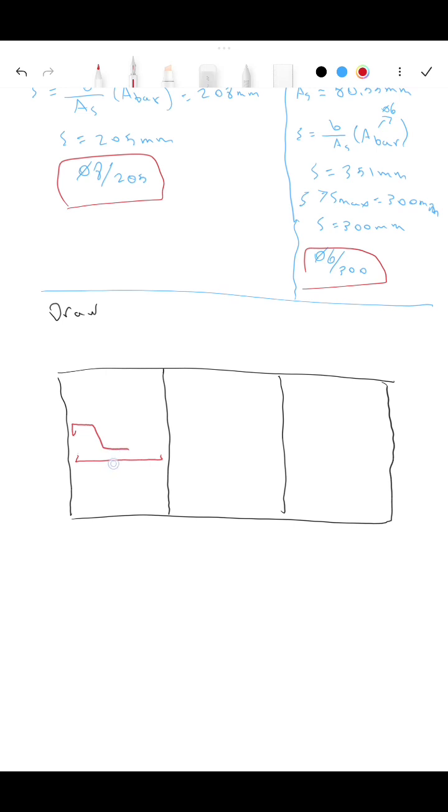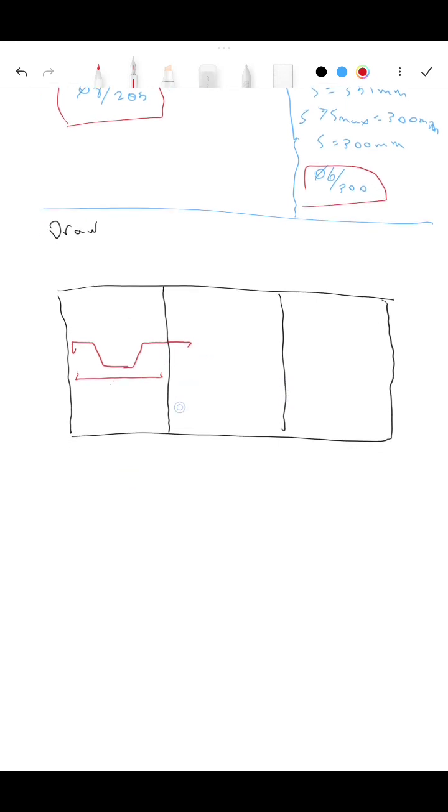As you see, this is the straight bars and this is the bent up bars. The bent up bars will help the supports, and also here it will be the same. This is the straight and this is the bent up bars. And here again we have the straight and the bent up bars.